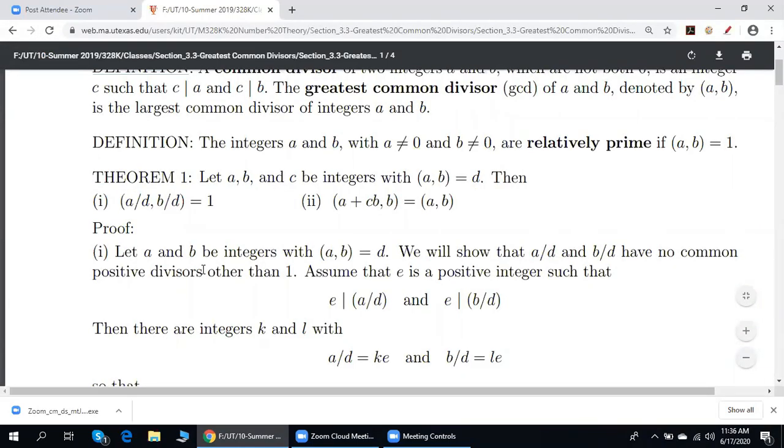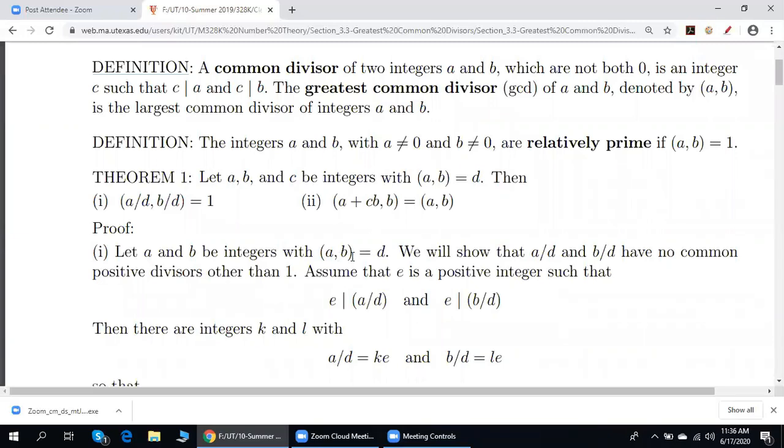So let a and b be integers, and let us denote the greatest common divisor of these two integers by d. Let us show that these two numbers, a divided by d and b divided by d, have no common positive divisors other than 1. Here's how we do it. Let us denote by e a positive integer that divides both of them.